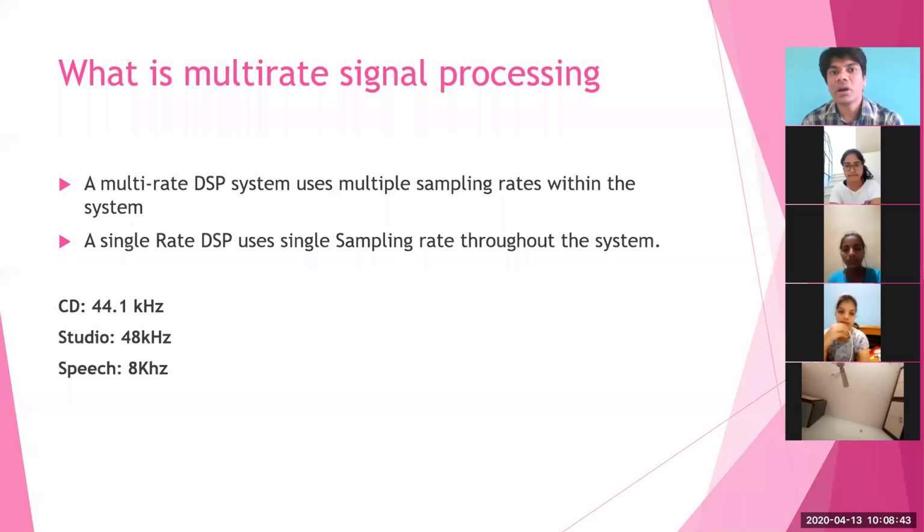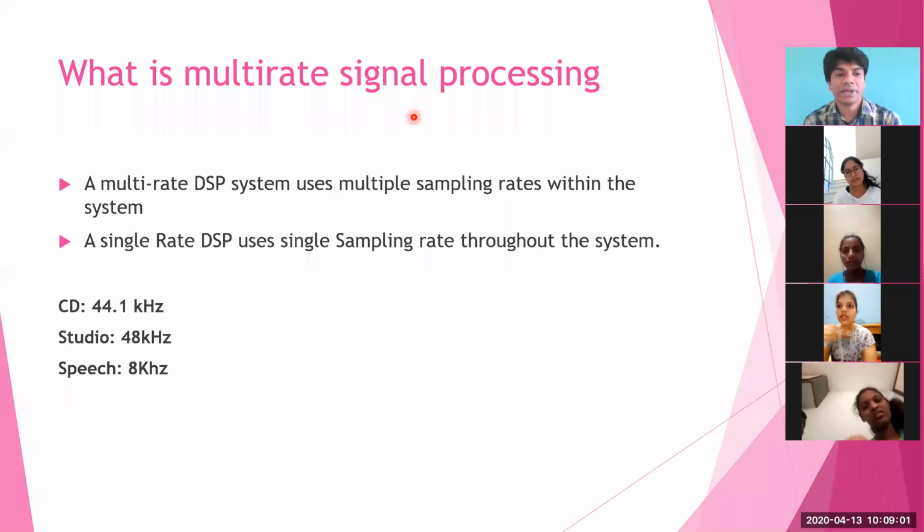Now, if you incorporate all this, like studio recording, CD burning, and speech, in a single system, there are three sampling rates: 48 kilohertz, 44.1 kilohertz, and 8 kilohertz.